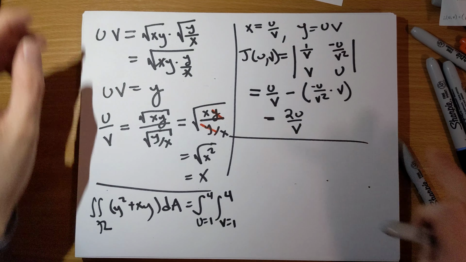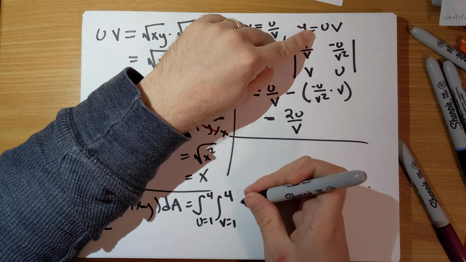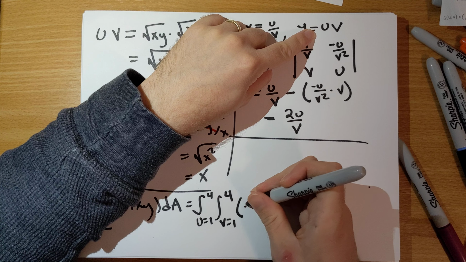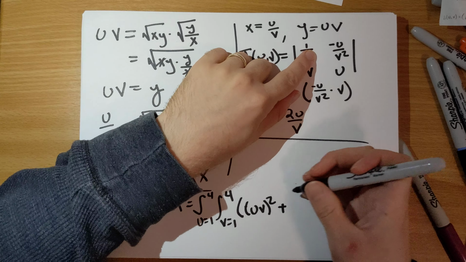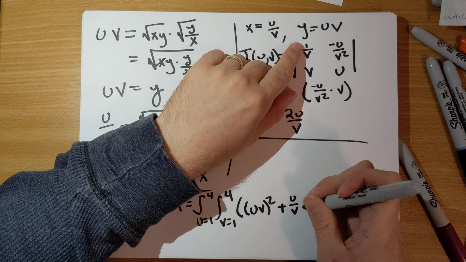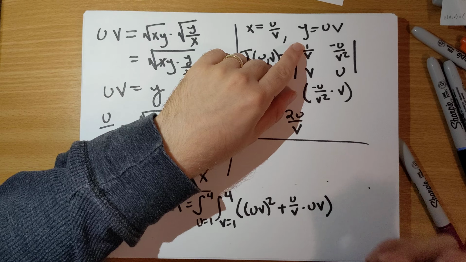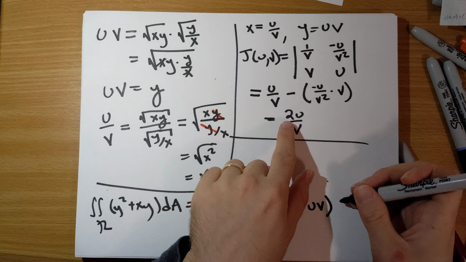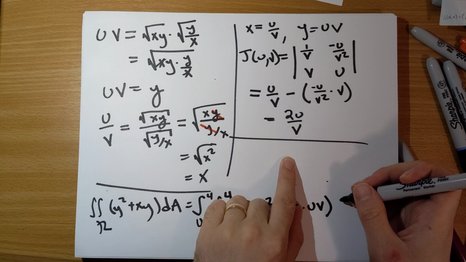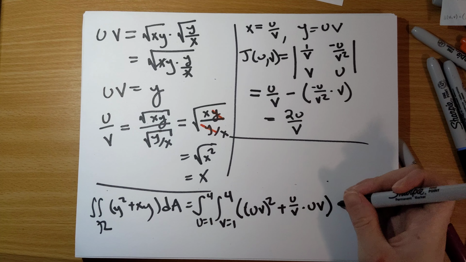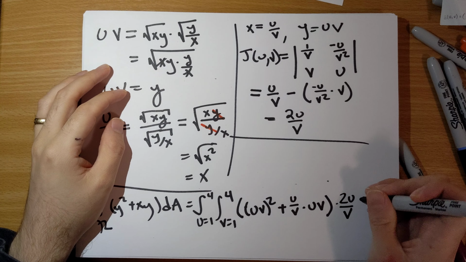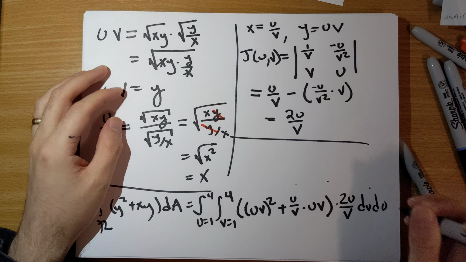We need to introduce here: y squared is uv quantity squared, plus x times y, u over v times uv, times the absolute value of 2u over v. Everything inside is positive, so it's just 2u over v, dv du.